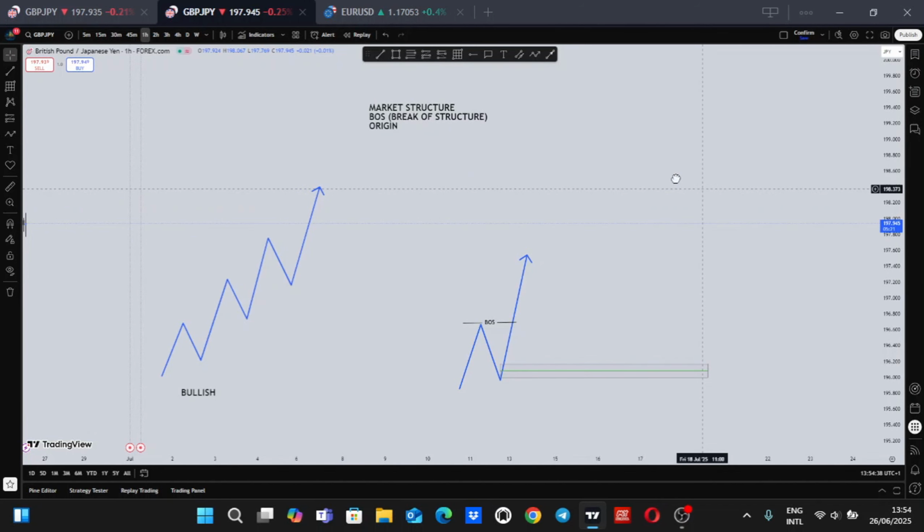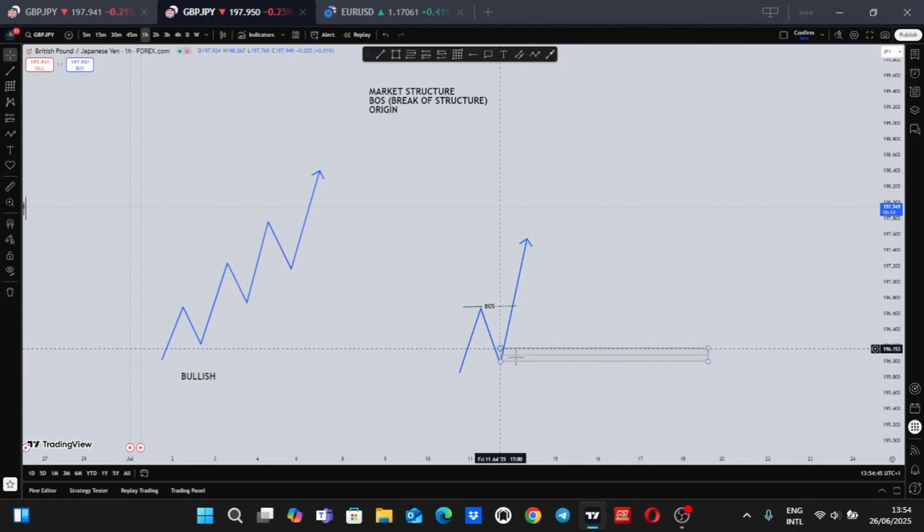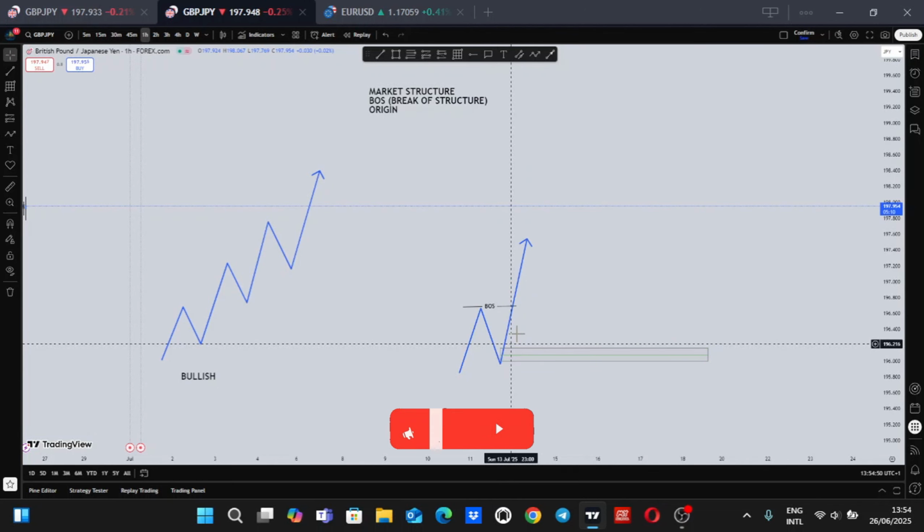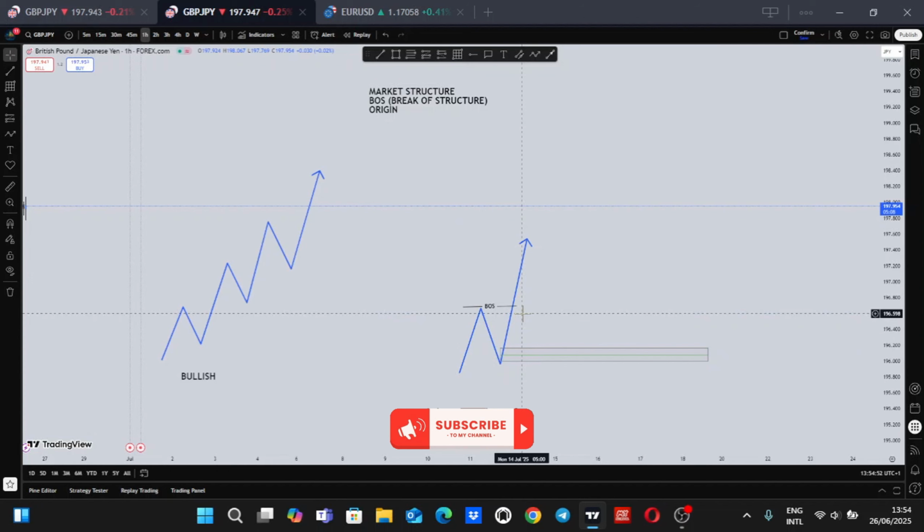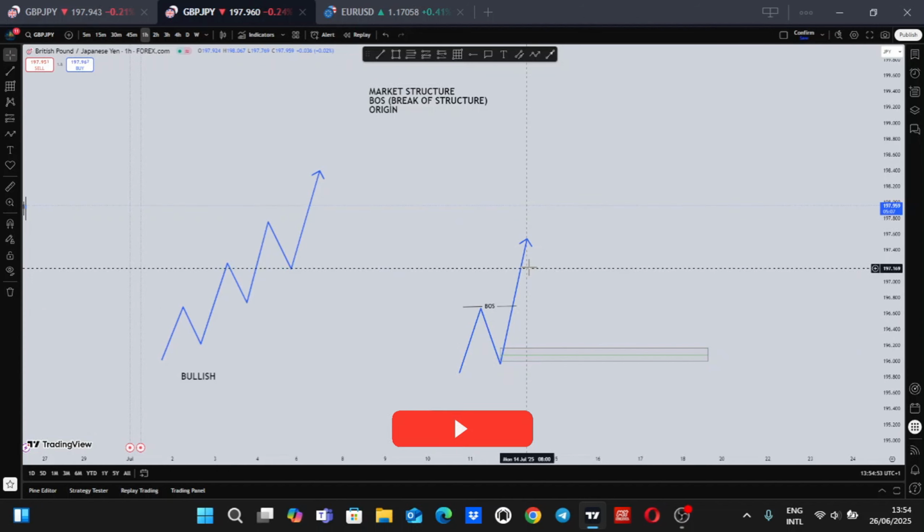Now, to consider this origin as a valid one, or something that has high probability, there are other two confluences you need to look out for, and that's liquidity and imbalance.